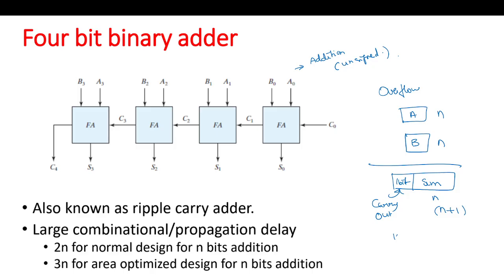For example, if we add 10 plus 9, which is 19, we get a carry 0, 1. So this is the carry out. But this is not the same with signed numbers.